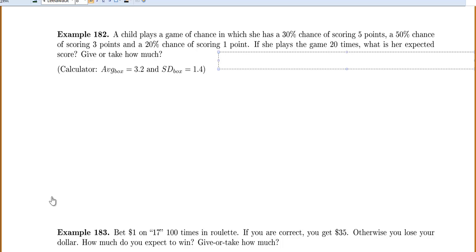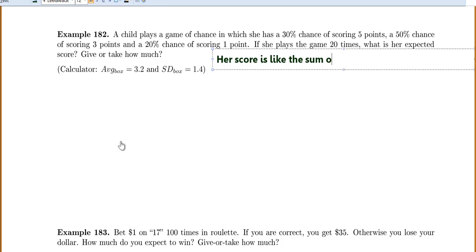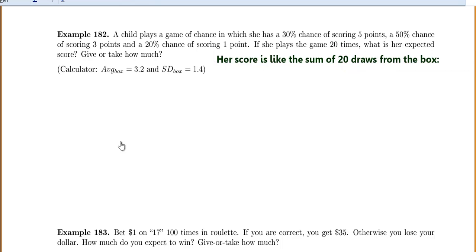Her score is like the sum of how many draws? She plays the game 20 times, so 20 draws from the box. Let's see what needs to go into the box. She can get 5 points, 3 points, or 1 point.